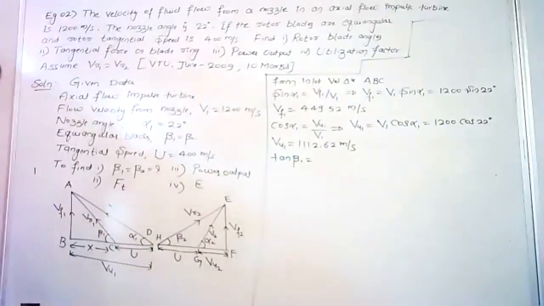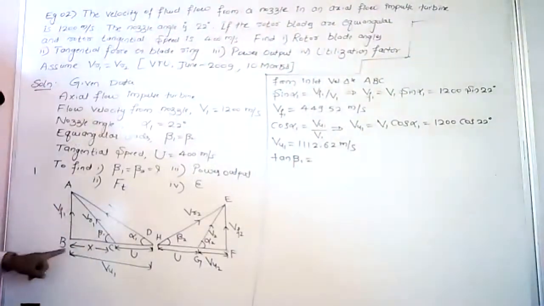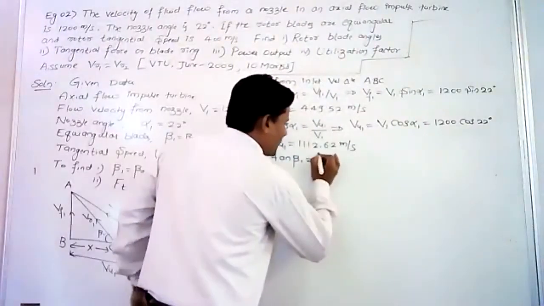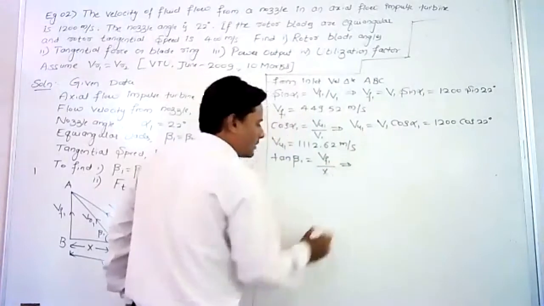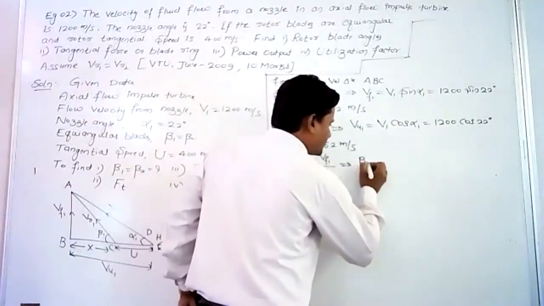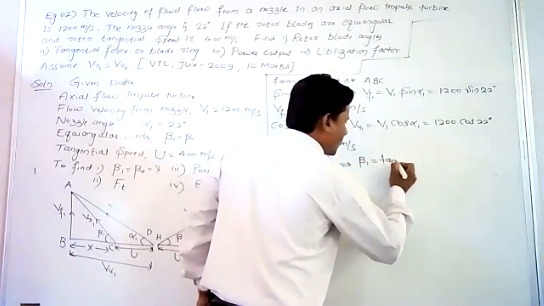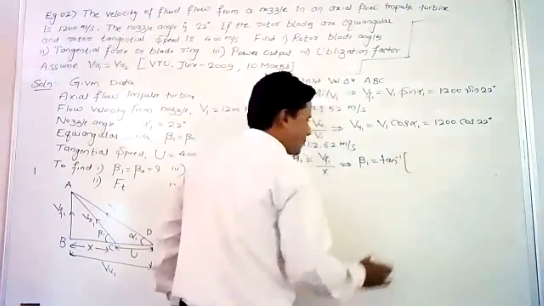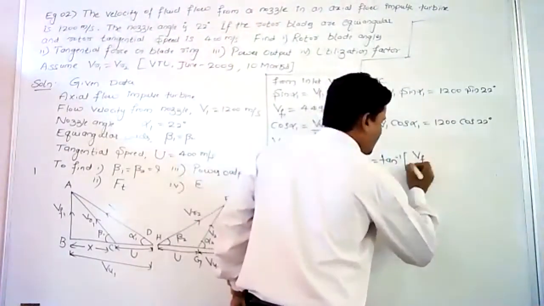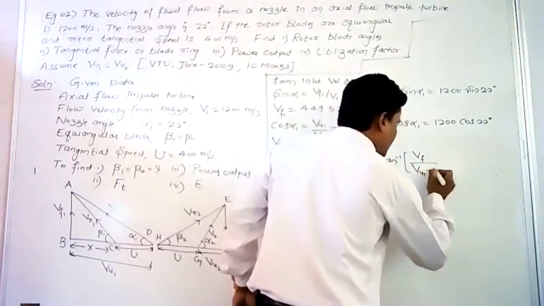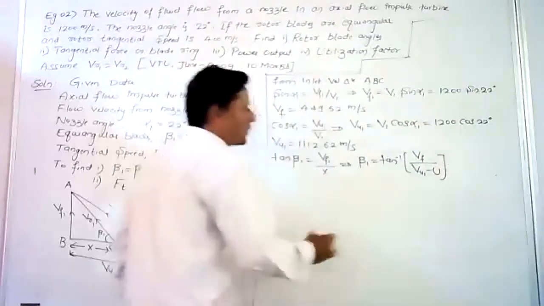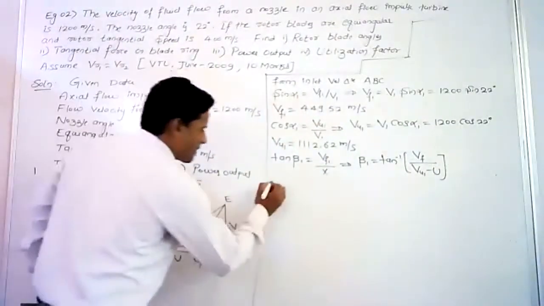From the right angle triangle ABC, tan beta 1 equals opposite by base. Opposite is Vf1 divided by base X, or beta 1 equals tan inverse of Vf1 by VU1 minus U.